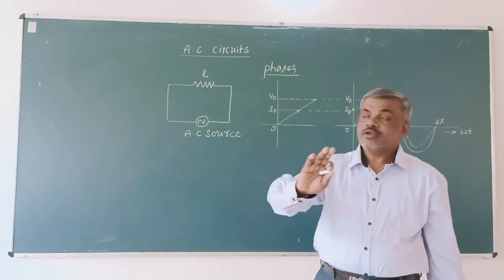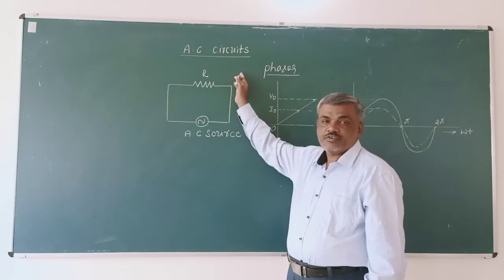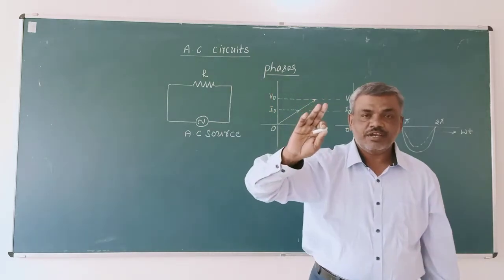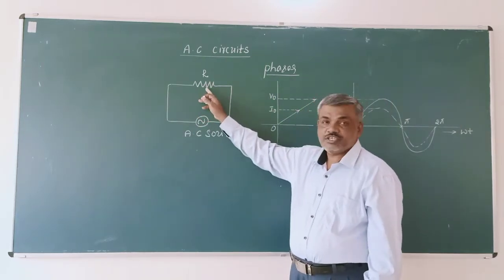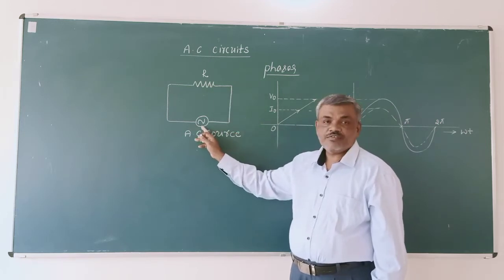Now students, AC circuits. The first circuit is an AC circuit containing only a resistor. A resistor of resistance R is connected in series with an AC source.